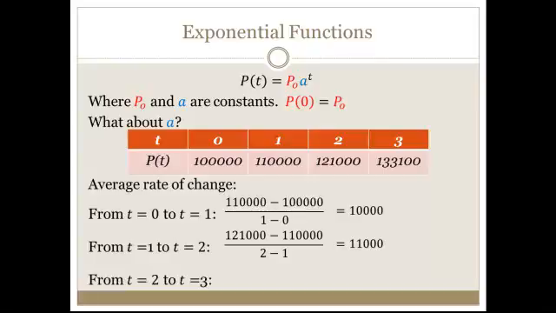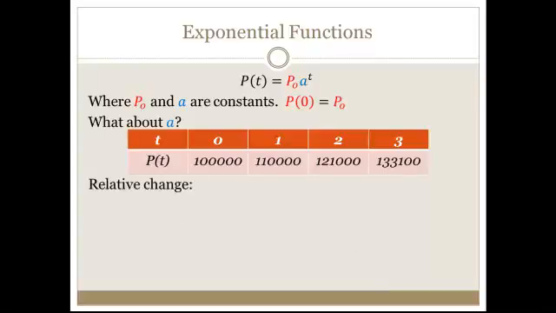Finally, on our last interval, from t equals 2 to t equals 3, our average rate of change is 133,100 minus 121,000 all over 3 minus 2, which simplifies down to 12,100. At this point, there's not a clear pattern. But what if we look at relative change?